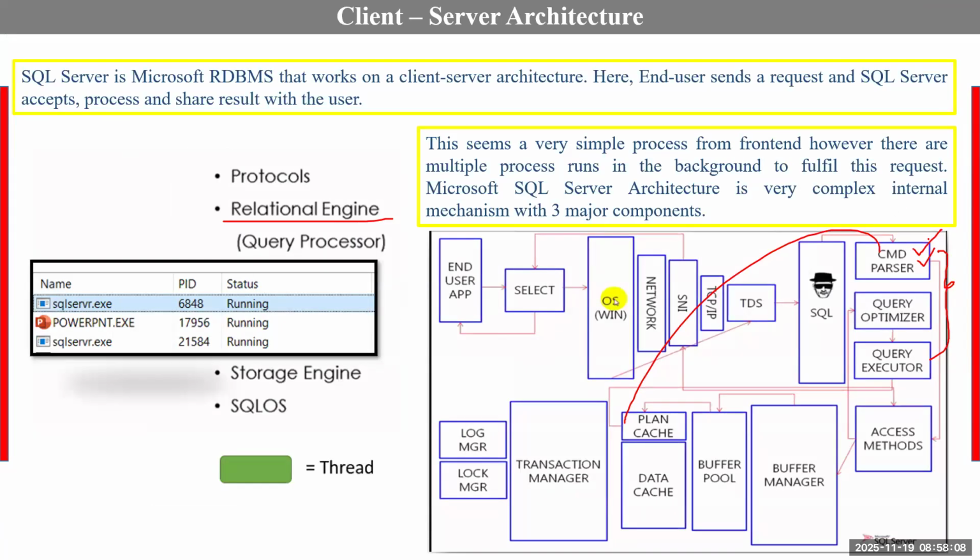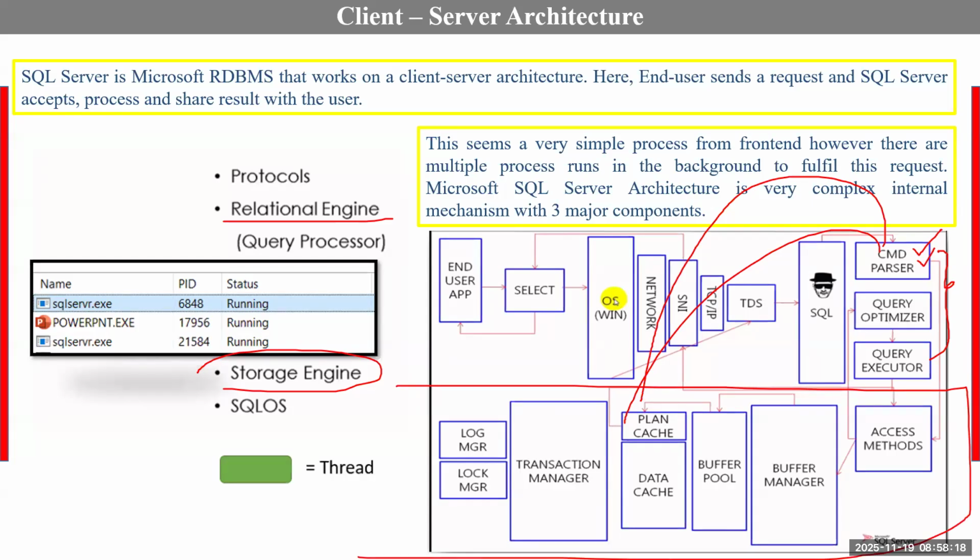Now, once your query tree is prepared, the command parser will go to the storage engine. In the storage engine, there is a plan cache. Whenever you are planning something like a vacation or a function, you plan 10 days before, 1 month before, and once you prepare the plan, you save it somewhere, right?